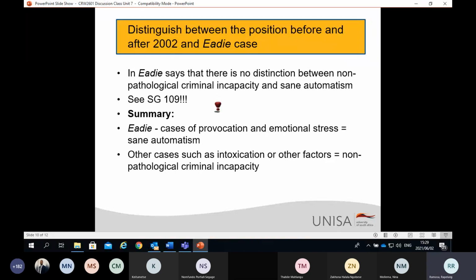Now, before we get to the important case of ED, which you have to study for exam purposes, and you have to understand what it held, it is important that you understand the development of the defense of non-pathological criminal capacity. It developed in the 80s and the 90s through cases like Lobsher, Kampfer, and Weed. And the courts made a clear distinction between criminal capacity and involuntariness.